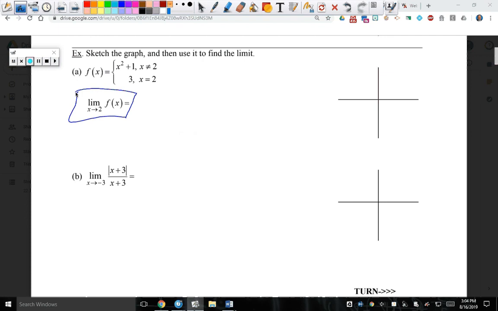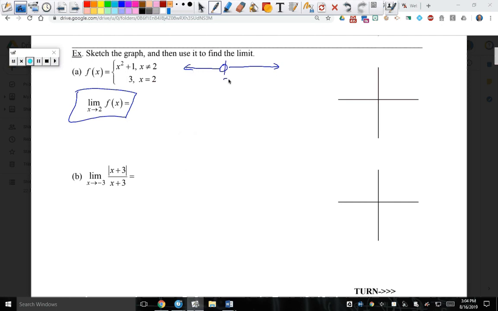Alright, so what I want you to do is I want you to see the domains of both of these. This is a piecewise function of two functions. Okay? First of all, notice the domain. If I were to graph the domain the way we did way back when in Algebra 2, we know this is when x is not equal to 2.